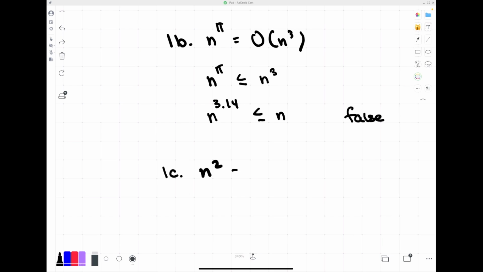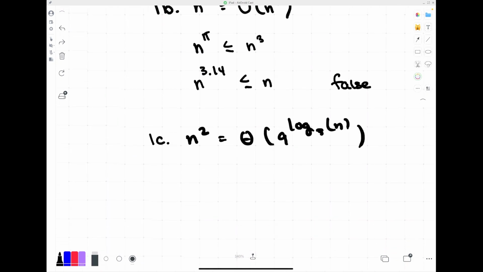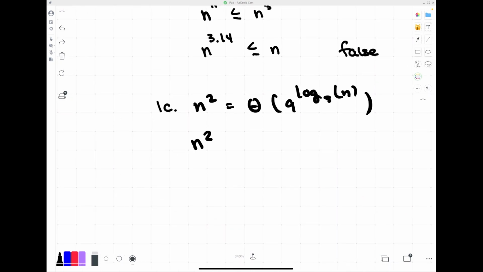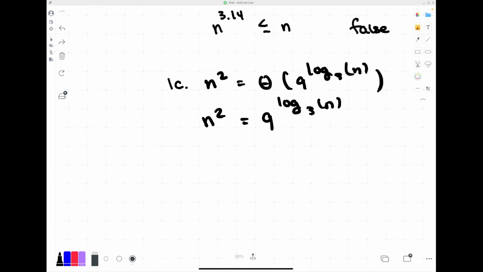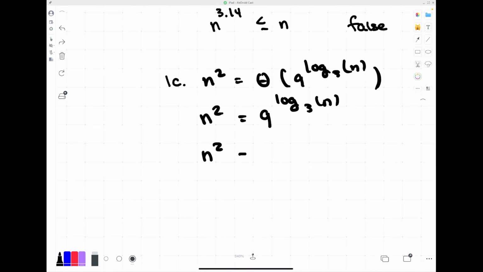n squared is equal to theta n log 3n. Okay, so n squared, theta is just equal to 9 log 3n. So we can simplify the right-hand side by simplifying the 9, which is just 3 squared, which would be multiplied by the log 3n.